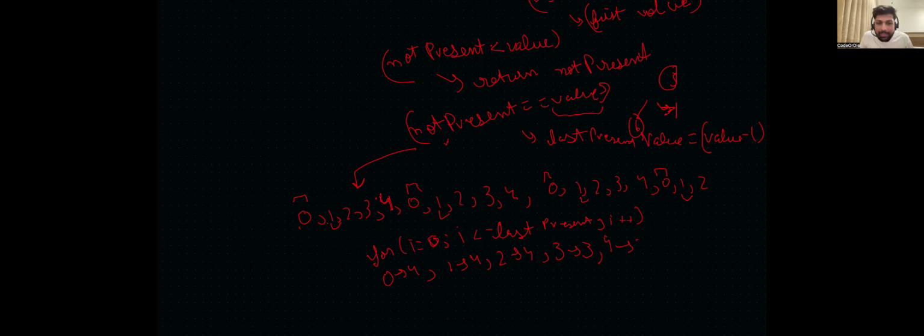So in these occurrences, I will take the minimum occurrence, meaning which number comes the minimum number of times. So 3 and 4 come the minimum number of times. So my minimum occurrence is nothing but 3. Do you know what this means?